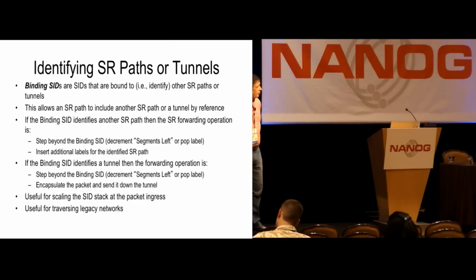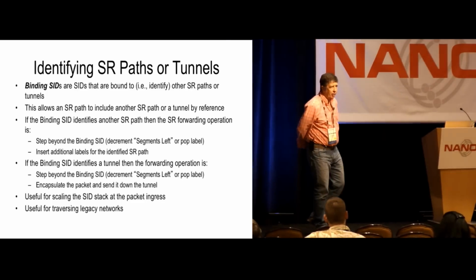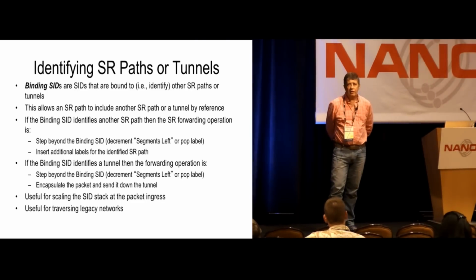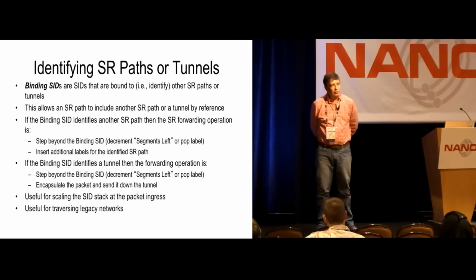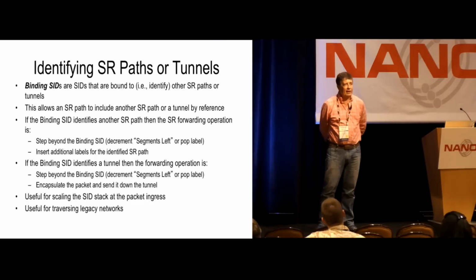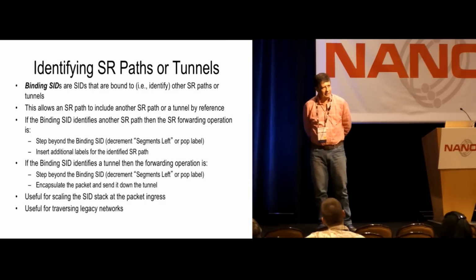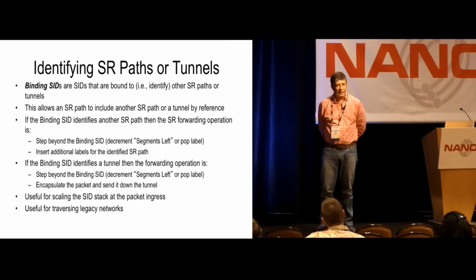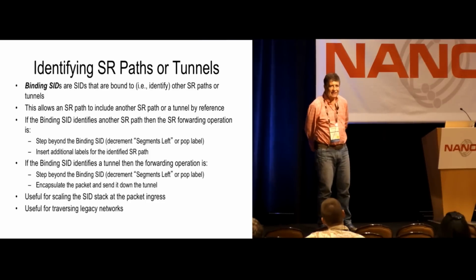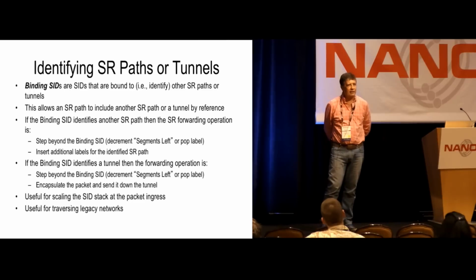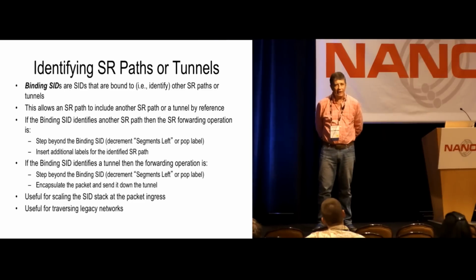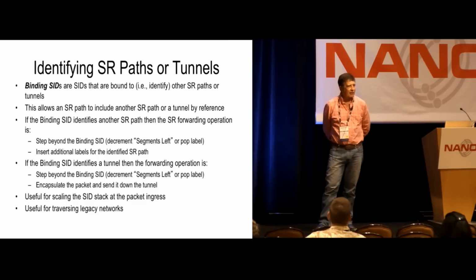Well, let's say a node, rather than having an interface to a partner, has a tunnel to a partner. Let's say it has an RSVP signaled LSP, or let's say it has a spring signaled LSP to get there. Well, one thing you could do is advertise a binding SID. One label maps to that. And when the router receives that binding SID, it does whatever it has to do to encapsulate the packet to get it on that path.